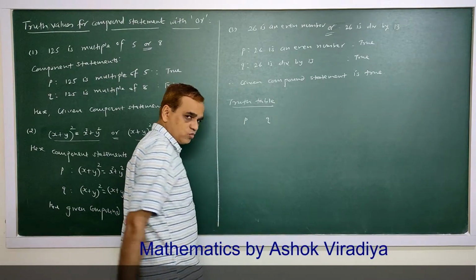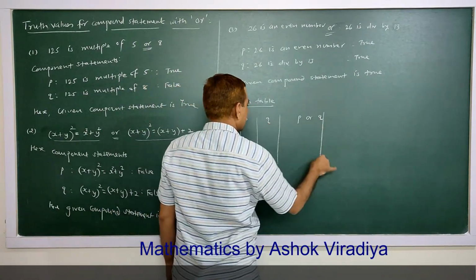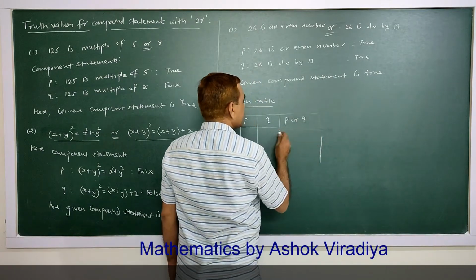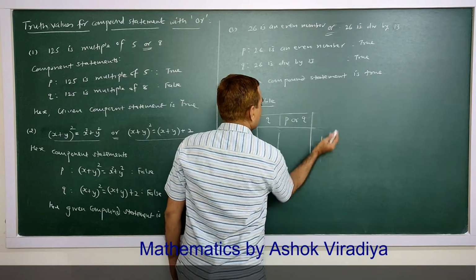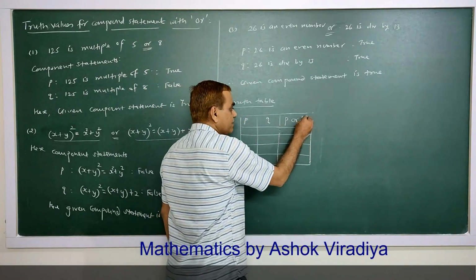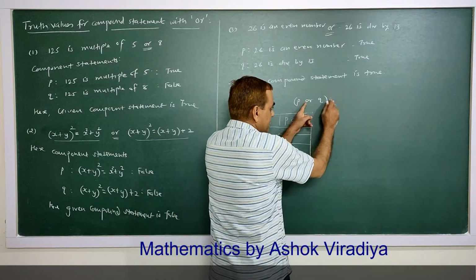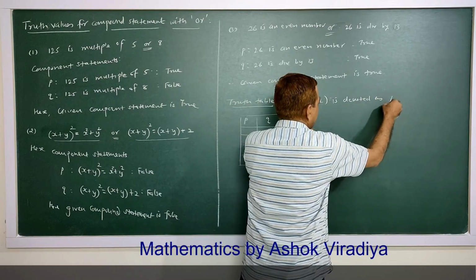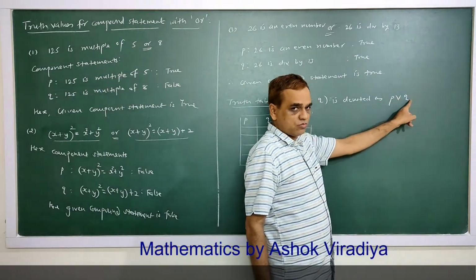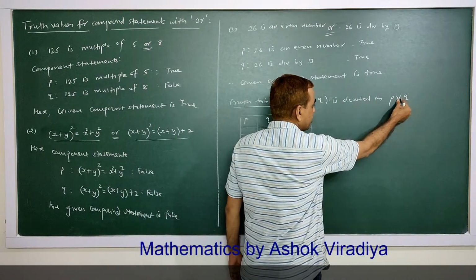P, Q and statement P or Q. And see notation for P or Q. This type of compound statement, P or Q, is also denoted as P ∨ Q. This symbol is read as OR, P or Q. So this is truth table for P or Q. This symbol is the symbol for substitute of word OR.